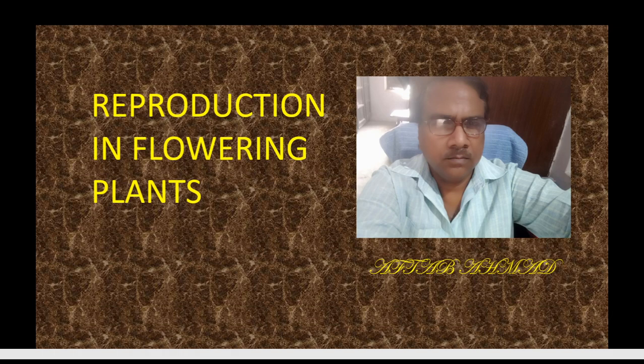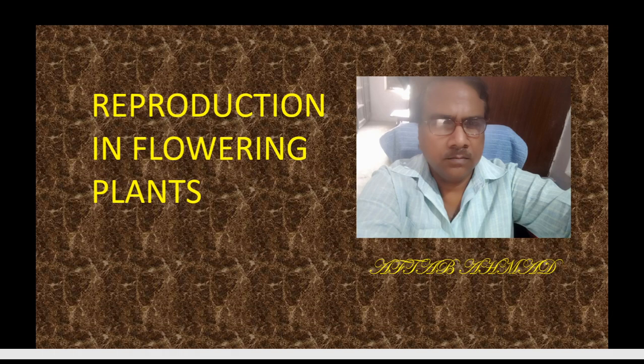So, in previous classes, you know how germination occurs in a seed. When a seed germinates, two types of structure come out. One is called radicle and the second one is called shoot.